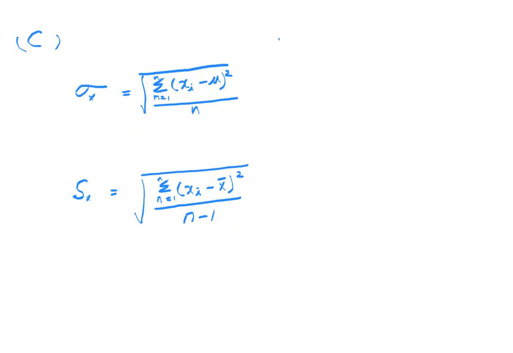Now you understand the meaning of standard deviation. You talk about the average difference of the data from the mean. So you are talking about the spread of the data from where?